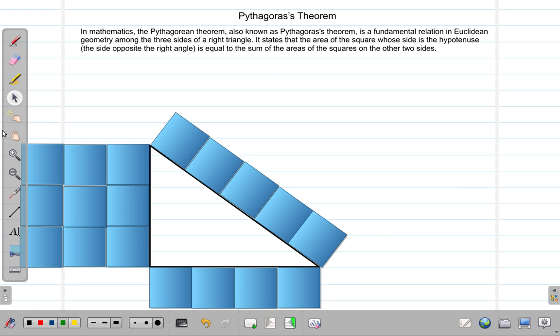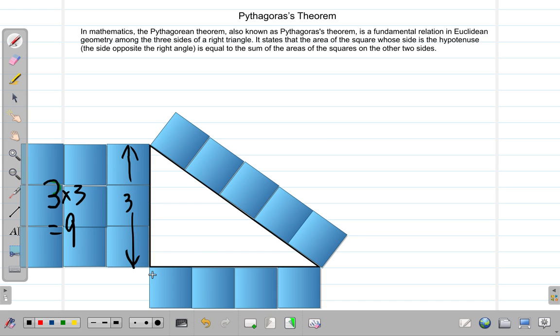Okay, good. So you see that this side measures 3. The length of this side is 3, and the number of squares is 3 by 3, which is 9 squares.